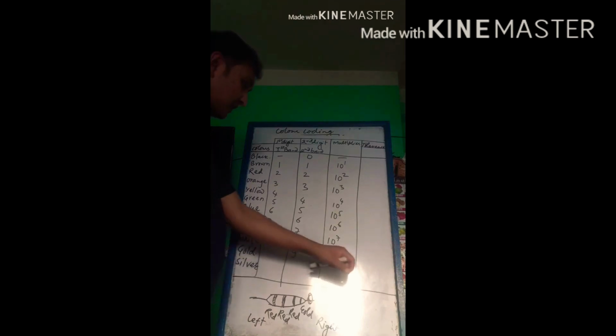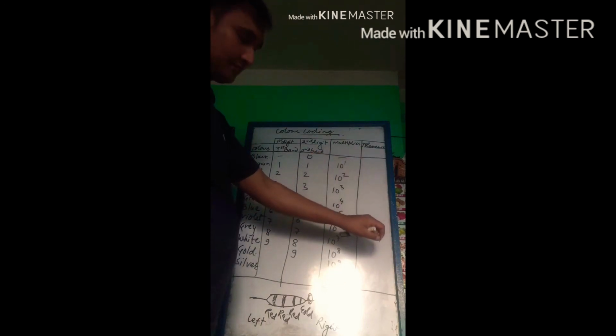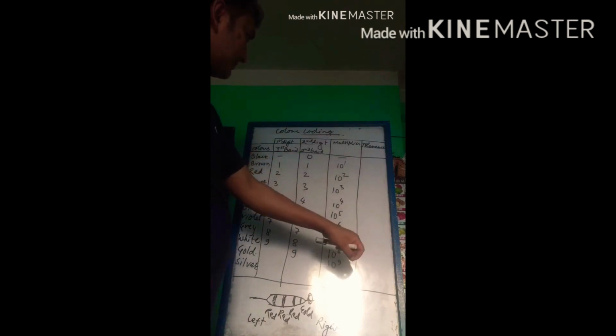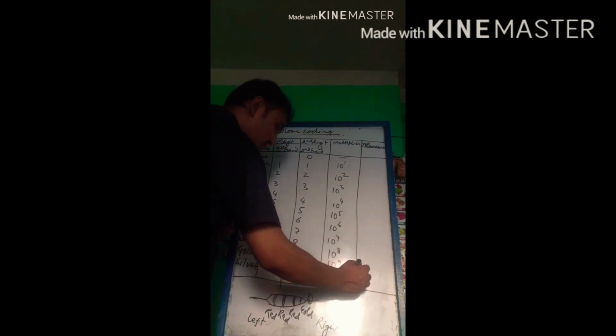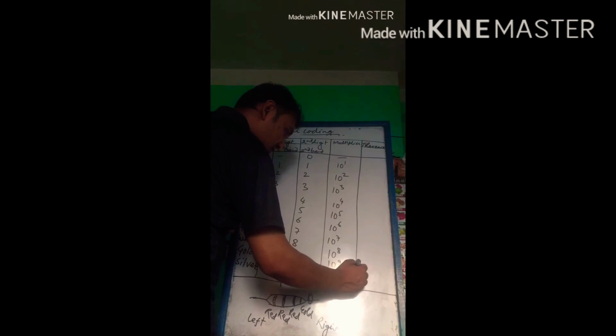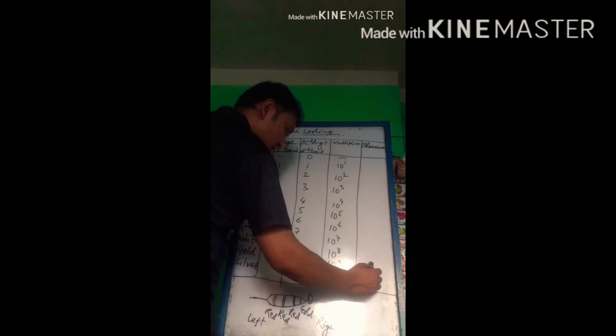So tolerance, what happens if gold color is there at last, that means if the fourth band is gold color, then its tolerance will be plus minus 5%. It will fluctuate, the resistance may be 5% more than the resistance of that resistor, or 5% less.